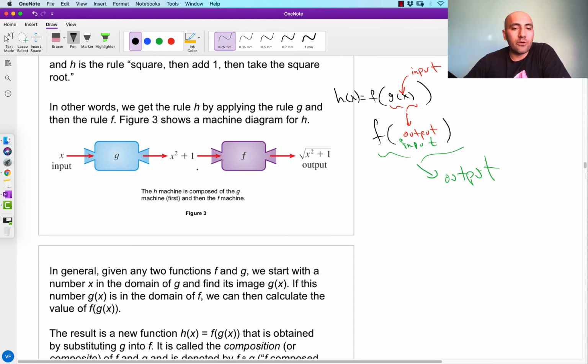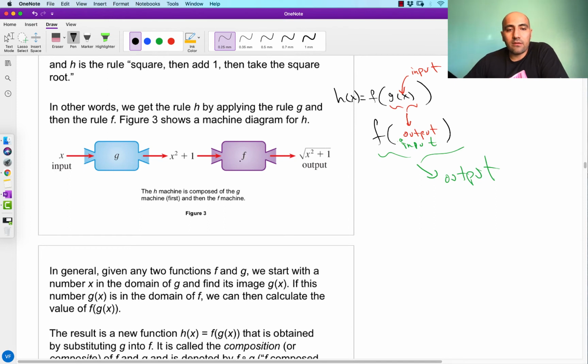And then that output becomes the input of the f function. Then we apply whatever definition the f does. In this case, it takes the square root, but it could do anything else as defined by the f function. And so here becomes our output. So just the blue by itself, here's the input, here's the output. Just the purple by itself, whatever input comes here, the output is just to take the square root.